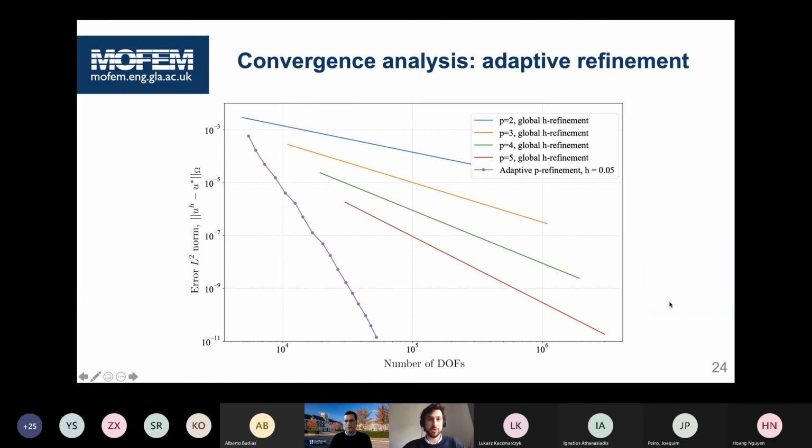And so if we now plot this curve for the adaptive p-refinement on our graph, so here this is again the evolution of the L2 norm with increasing the number of DOFs. We can see that we obtained the same accuracy with this p-refinement using now 50 times less degrees of freedom than the best one that we obtained by combining global h-refinement and global p-refinement.